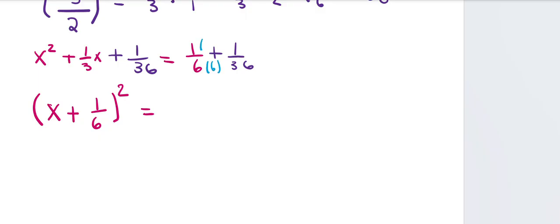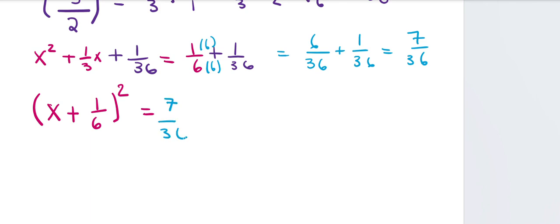So between 6 and 36, I am using 36. So then this becomes 6 over 36 plus 1 over 36, which is 7 over 36. So I went ahead and added that over here, 7 over 36.